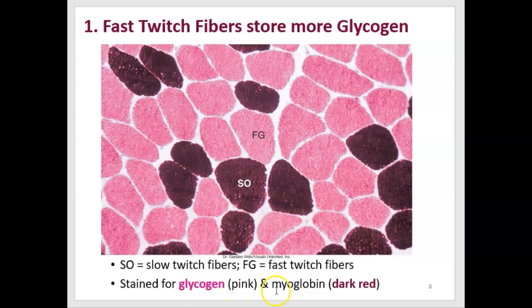So the glycogen is seen to be abundant, the pink fascicle here, in fast twitch fibers. I guess it's not a fascicle, it's a cell, sorry. And the slow oxidative fibers are dark red and they have a lot more myoglobin.